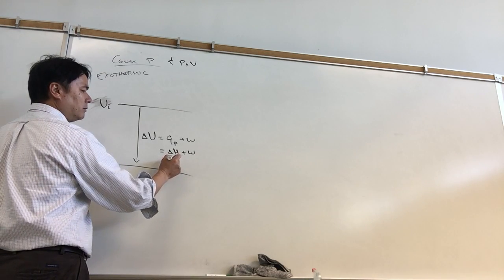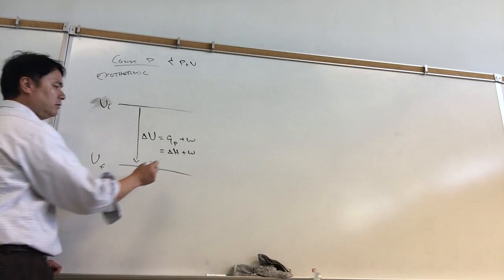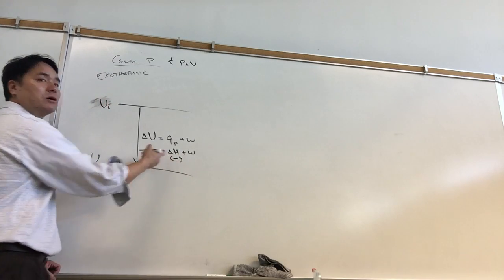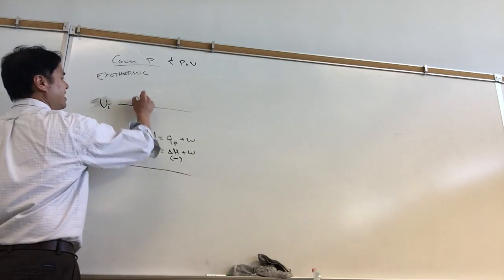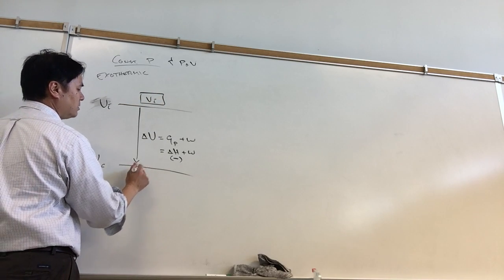It's exothermic. Negative. Delta H is negative for exothermic processes. So our delta H term is negative. Now, let's say under constant pressure, V initial and V final are the same thing.